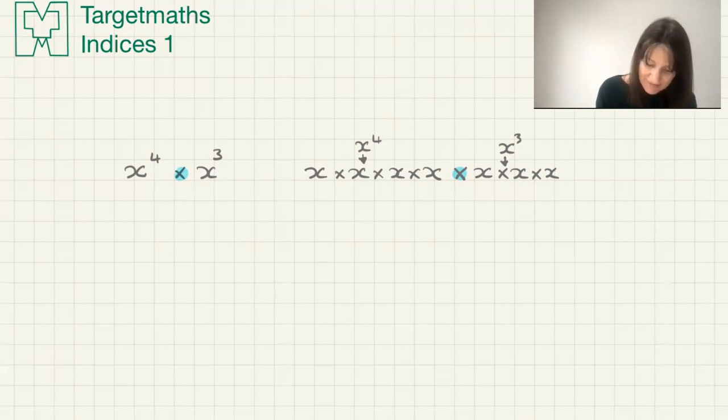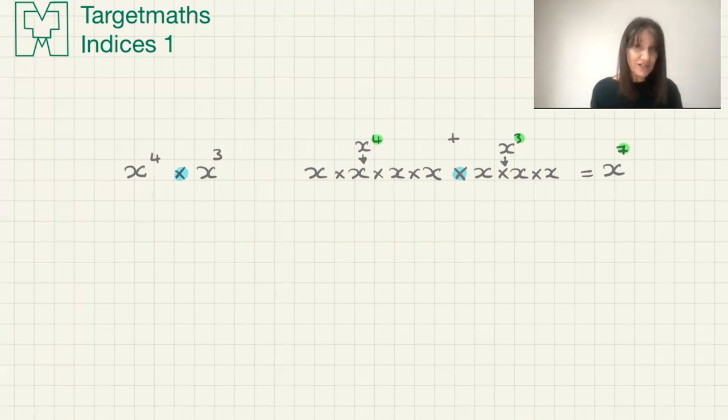So this gives a final result of x to the 7. And hopefully we can see what the shortcut is with this. I had x to the 4 times x to the 3, and I ended up with x to the 7. And the rule is to add the powers. So that's the first rule. When you have a times question, you add the powers.